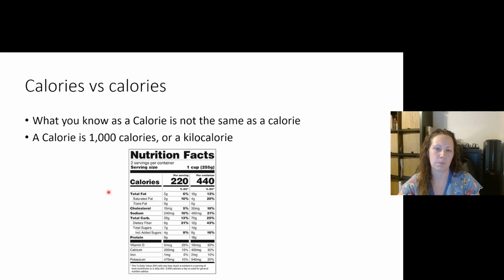It's just much simpler to say 220 because we're not going to be measuring it down to the nearest single calorie anyways. The precision is not there in the food. So it wouldn't make any sense. And so instead, we said if we have a capital C Calorie, then it is 1,000 calories, and that is what goes on our food labels.